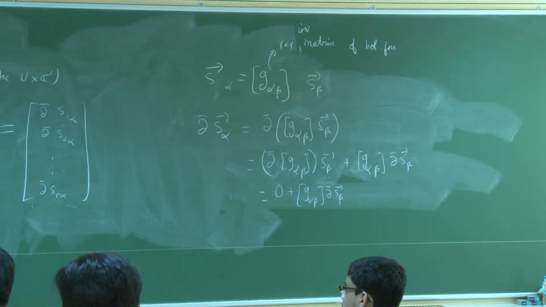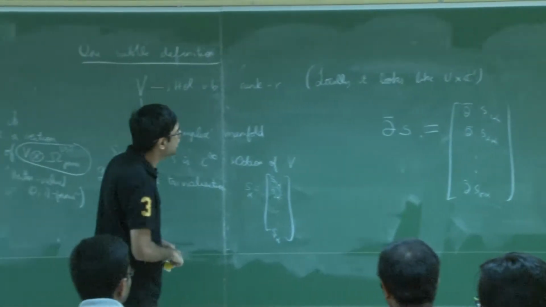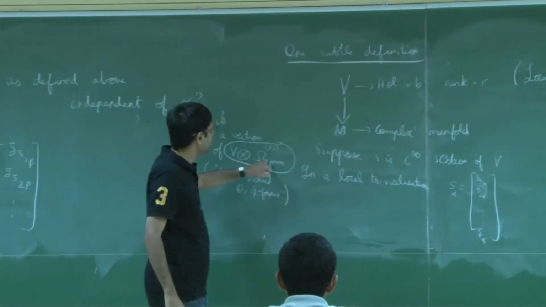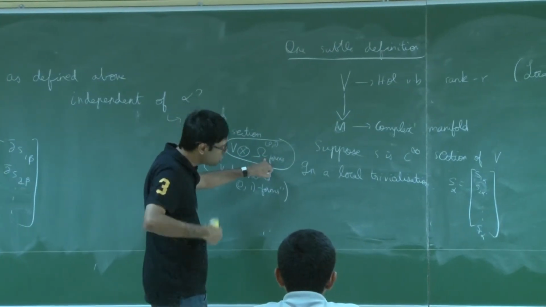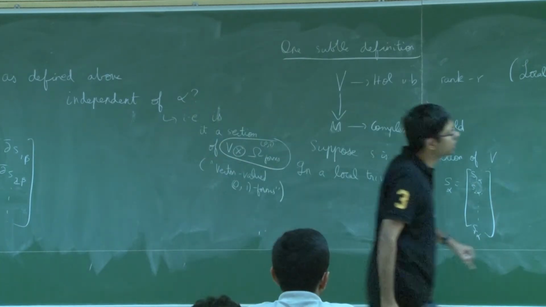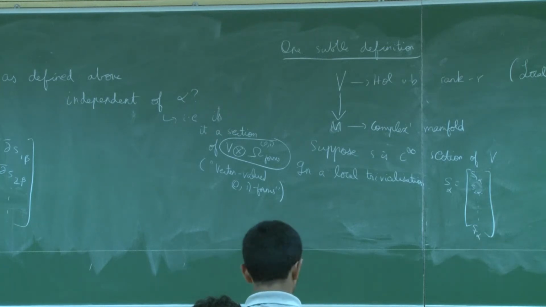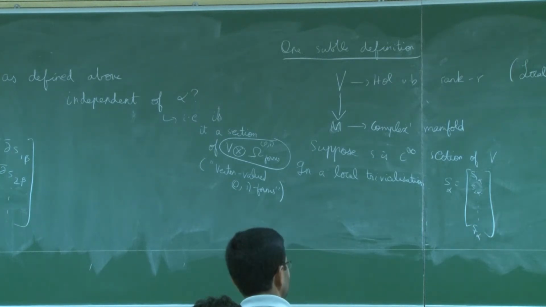These things are supposed to transform that way. If you take a vector valued 0, 1 form and you change your trivialization, the new guy is related to the old guy by simply, what's that? G alpha beta times the old differential form. Old form, new form.